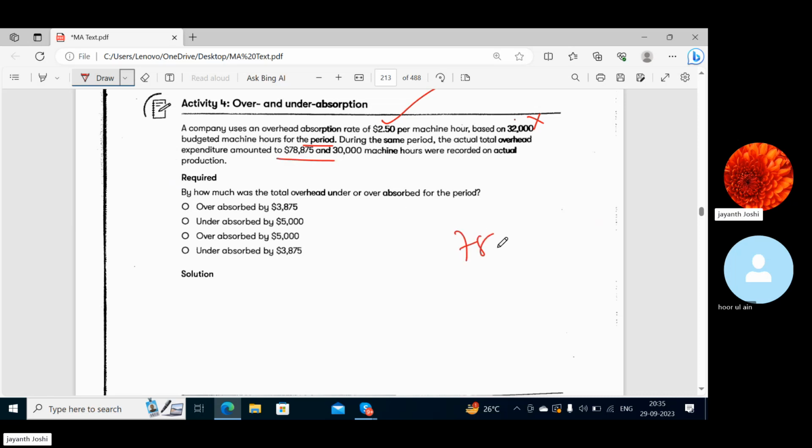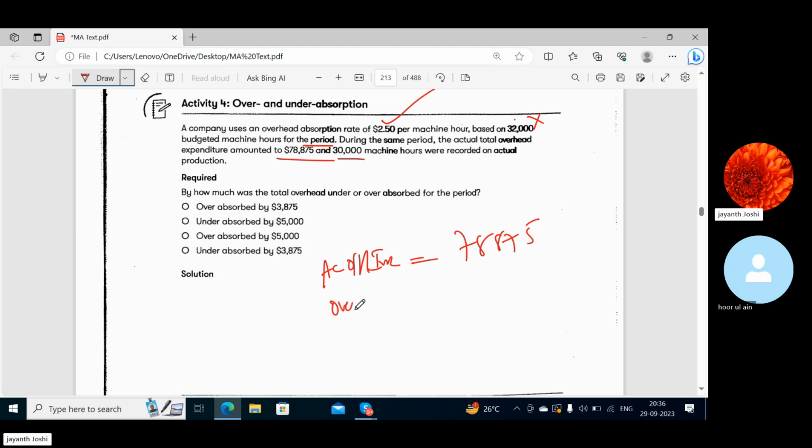So 78,875 actual overhead incurred. We have to take the absorbed overheads, right? So how many hours has the machine worked? 30,000, right?